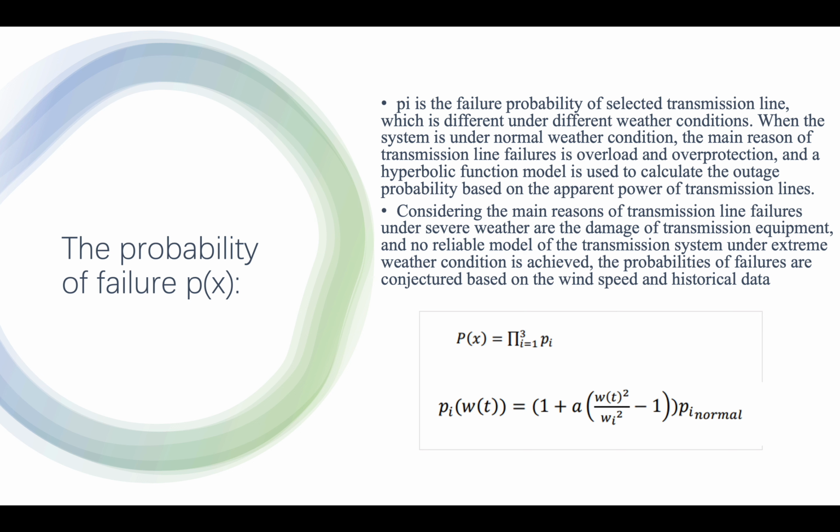But under severe weather, we need to consider that the main reasons for transmission line failures are the weather or the damage of transmission equipment, and no reliable model of the transmission system under extreme weather conditions is available. So we get the second function.